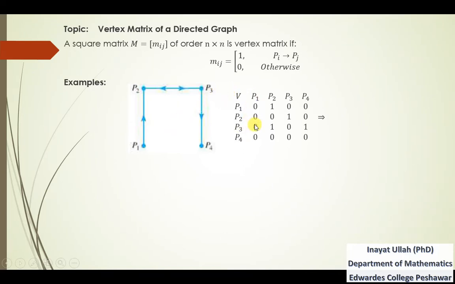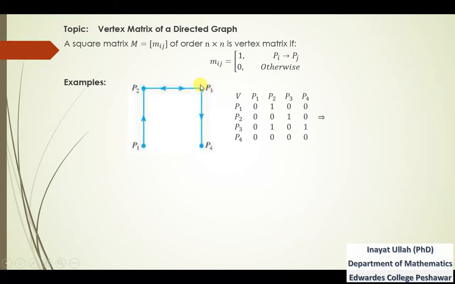P3 to P1 there is no edge, so that is 0. From P3 to P2 there is an edge, you see here, from P3 to P2 there is an edge, so that is 1. Similarly, from P3 to P3 there is no edge, and from P3 to P4 there is an edge.